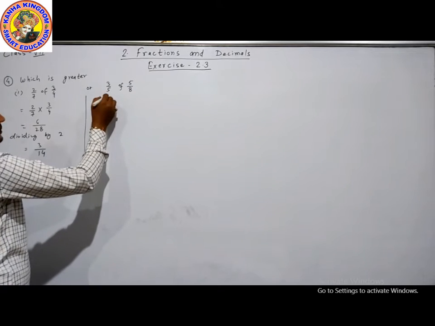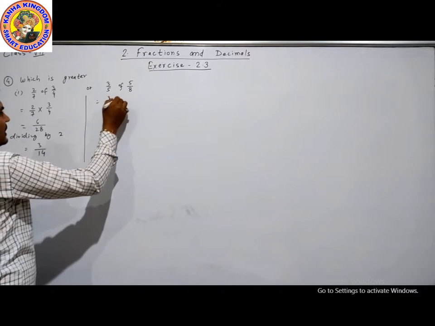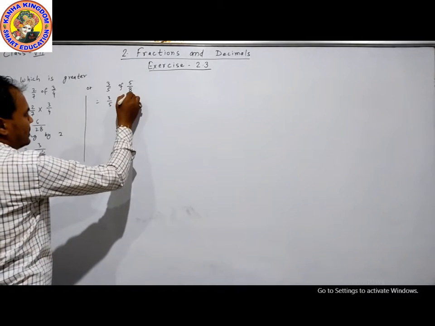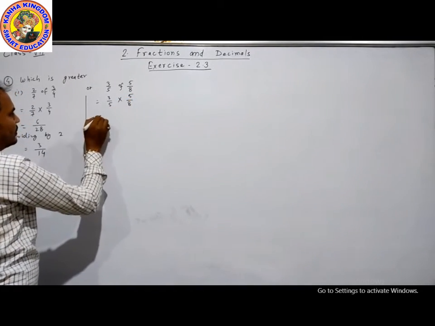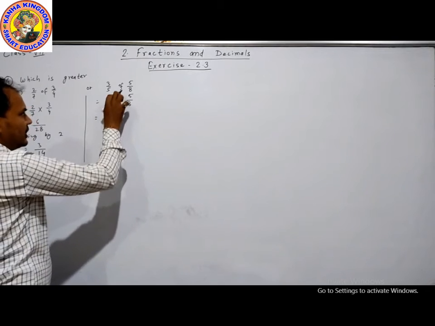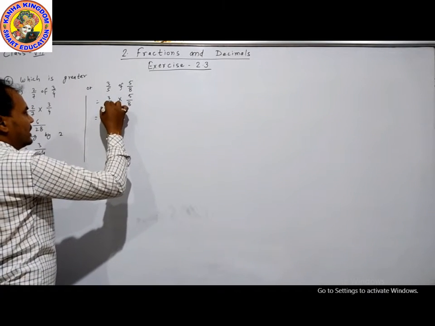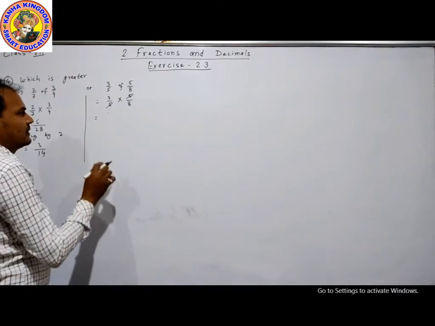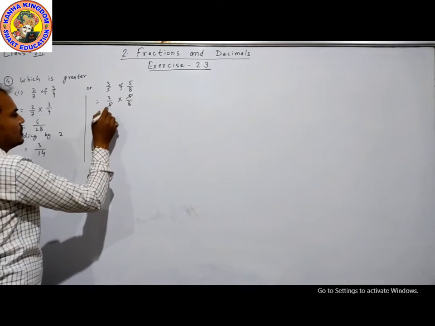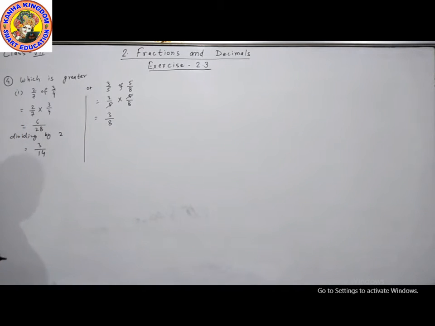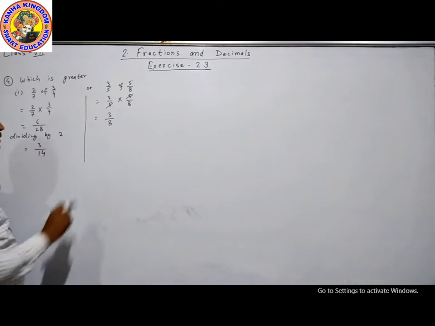Second number, 3 by 5 of 5 by 8, the "of" will change to multiplication. In multiplication, 3 into 5 is 15, and we can cut this number: 5 and 5 can cut. So 3 upon 8. There are two numbers.